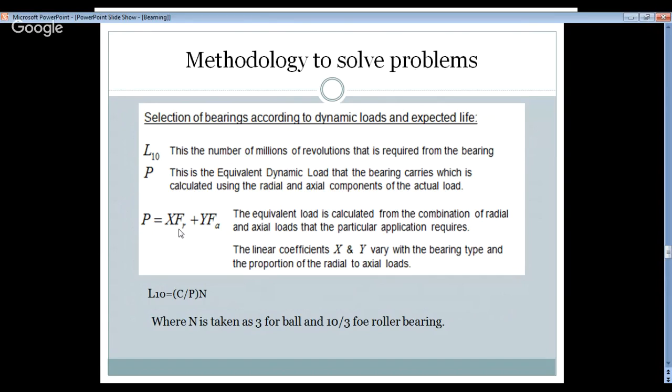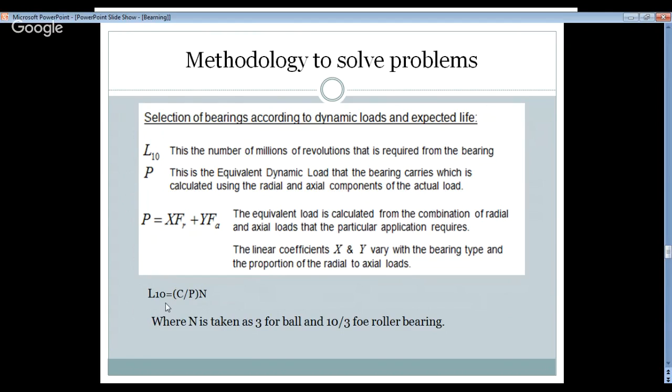From the design data book, for a given system, we can easily select a value of X and Y. By putting the values of X and Y with FR and FA, we easily calculate P, which is the effective load on the bearing system. By multiplying P with a load factor, we can measure the effective load on the bearing.